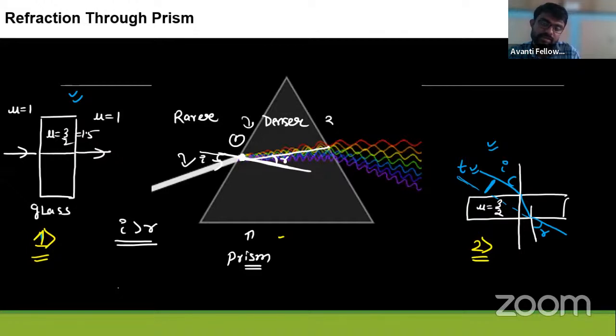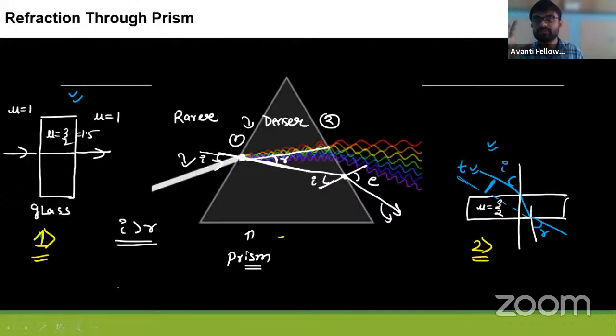Now when it is passing from inside to outside, on the second surface, it will deviate again and come out like this. This will be the normal now, and this angle is now the angle of incidence for this surface. Remember, when the ray comes from a denser medium to a rarer medium, it bends away from the normal. So now it bends away from the normal like this, and this angle is the emergent angle, and the ray is named the emergent ray.